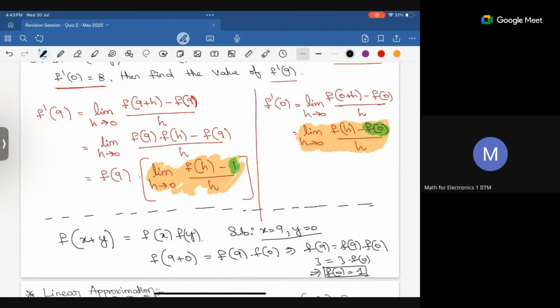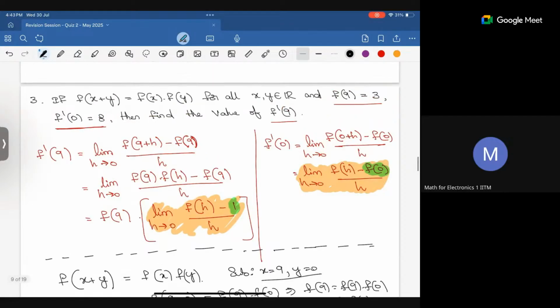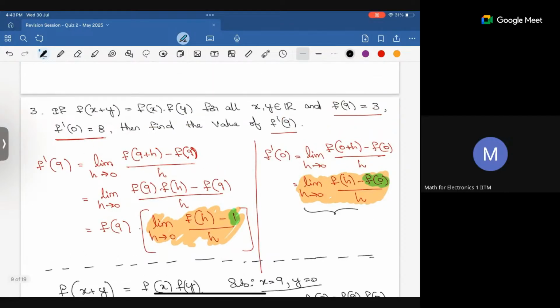And once f of 0 is 1, we can clearly see that this and this are equal. So if both are equal, I can simply replace this with f prime of 0. So this will be f of 9 into f prime of 0.